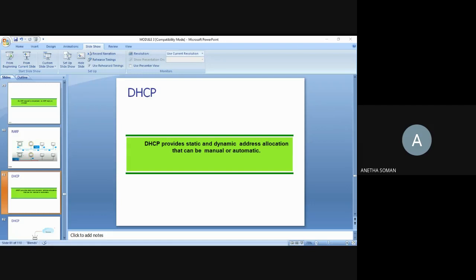A special host will be there running a service to lease the IP address to all the hosts connected on the network. That special host is called the DHCP server. Understanding?